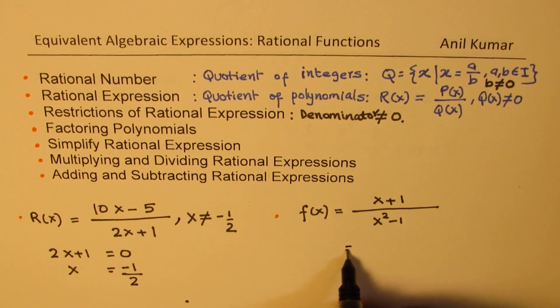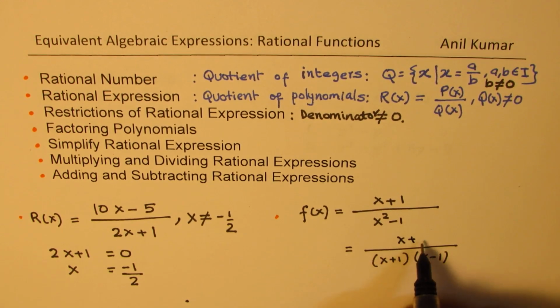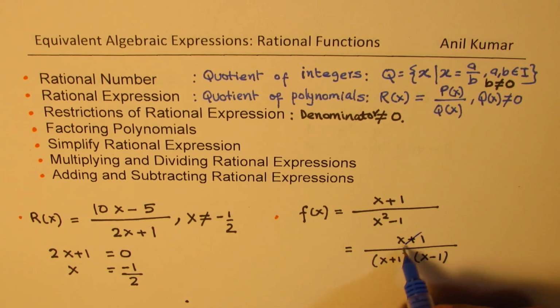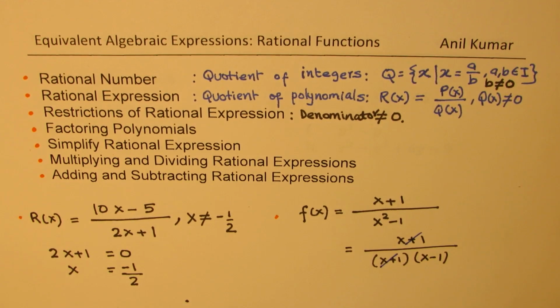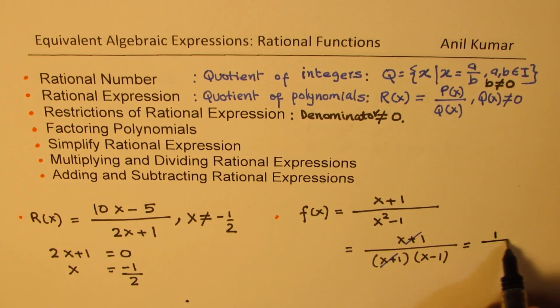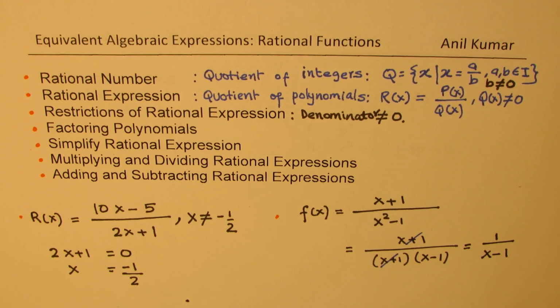Once we factor it, we get x plus 1 times x minus 1. The numerator is x plus 1, correct? Of course you can cancel these, and now we could write this as 1 over x minus 1, since this portion got cancelled.